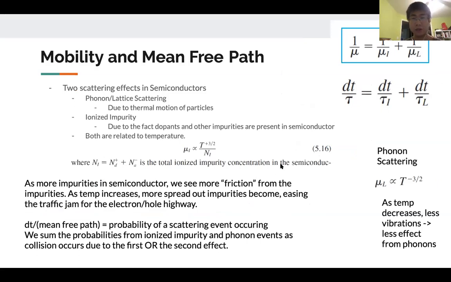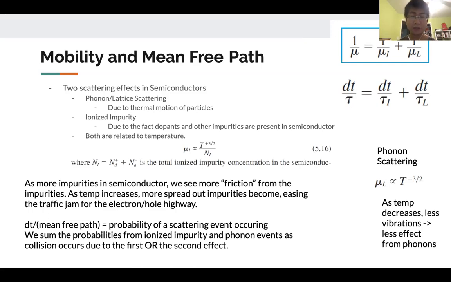The next thing is mobility and mean free path. Mobility basically means how well an electron is able to move through the material. The path of an electron can be impeded by two things.